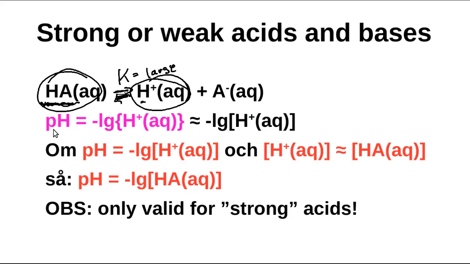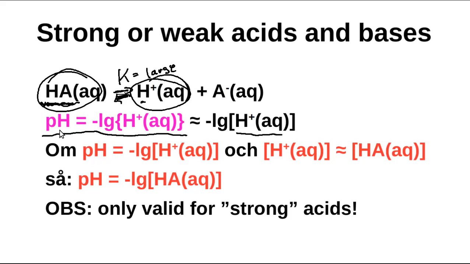So even if the definition of pH is the minus logarithm of the hydrogen ion activity, we can say that the activity and concentrations are similar in the sense that the activity is the value of the concentration.